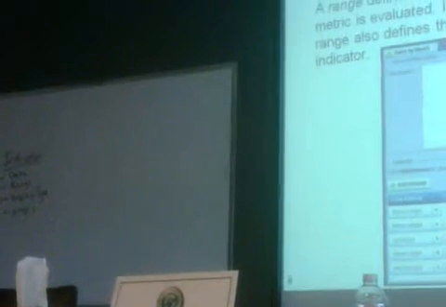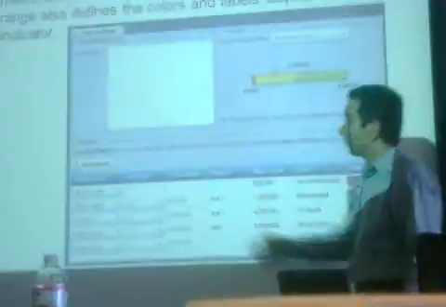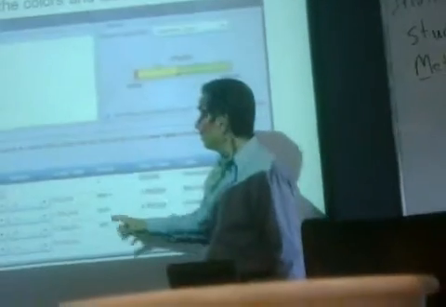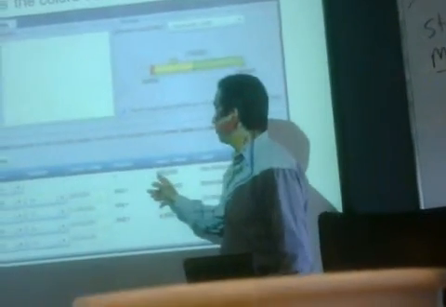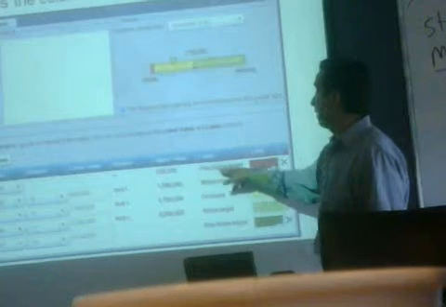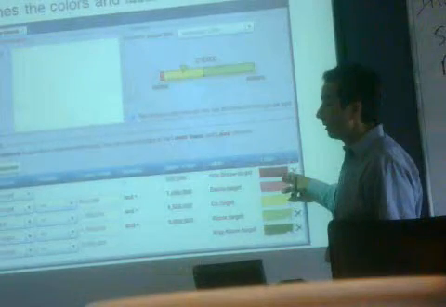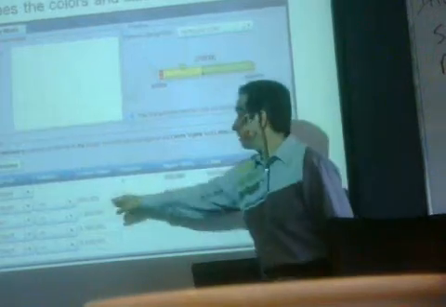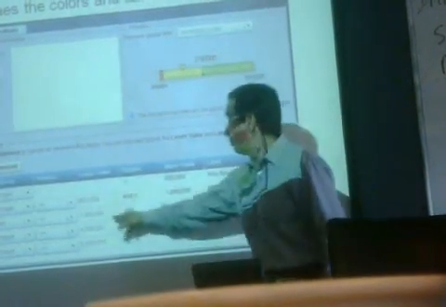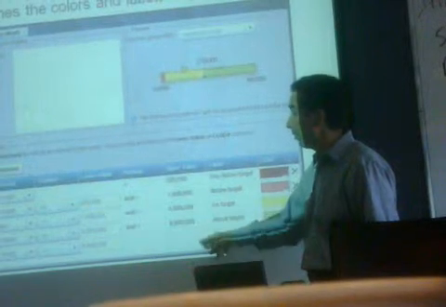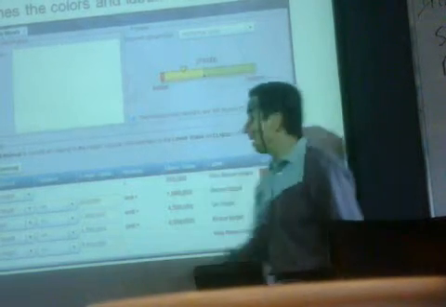The range, remember I said it's an interval, so here we say, of course, more than one interval for the same range. So this shows for this range, anything below 600,000 is going to have a label of way below target, and it's going to be dark red. Right? And then if it's between 600 and a million, or between a million and 4,500,000, and so on, all the way up to greater than 9 million.